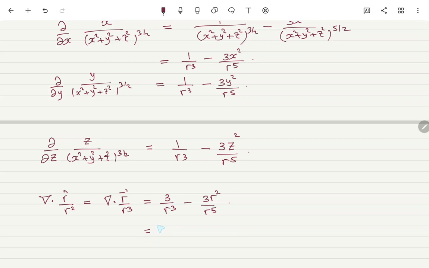Upon simplifying, r² with r⁵ will be 1 over r³, so 3 over r³ minus 3 over r³, and after all the result will be equal to 0.